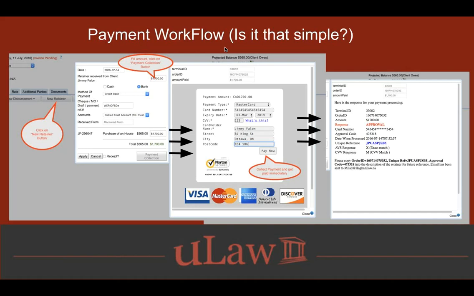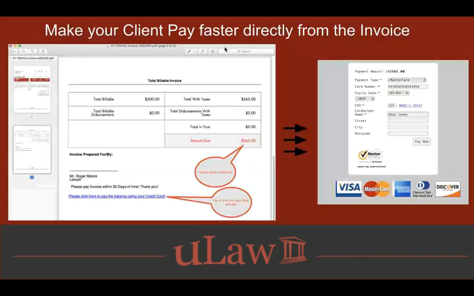So this is how a payment collection works. This is very similar to all the players. There's not much difference. It's a very simple workflow. Now, as I mentioned, that is if you're doing it manually from uLaw. Your client can pay faster directly by using the invoice. Let's say there's an amount due. Your client owes a balance.